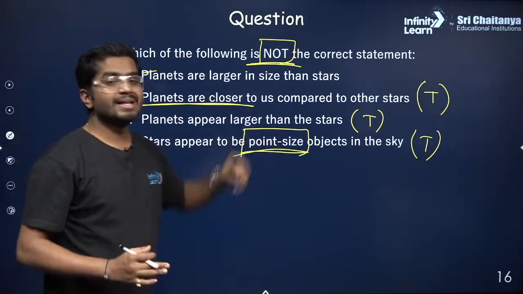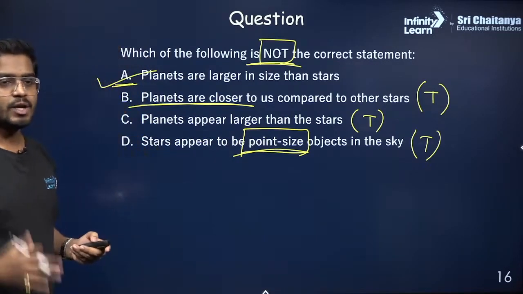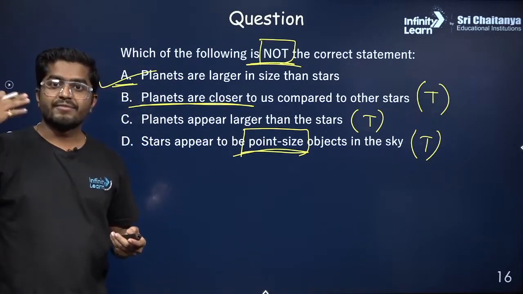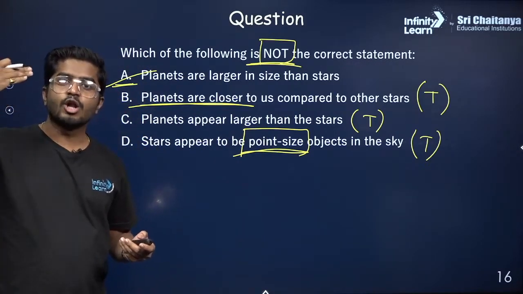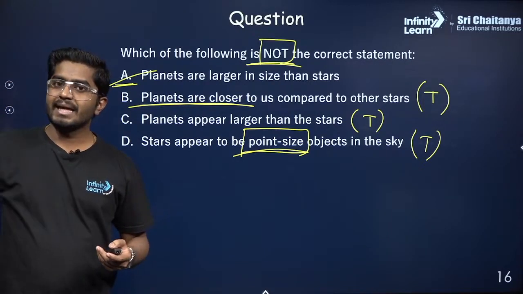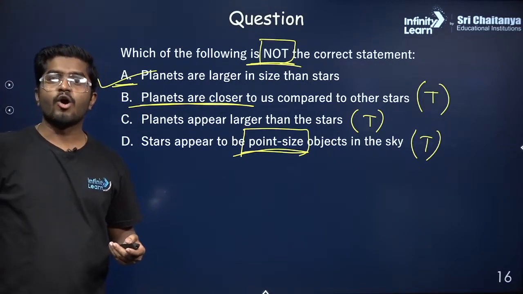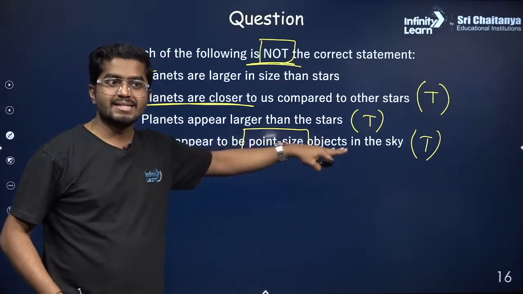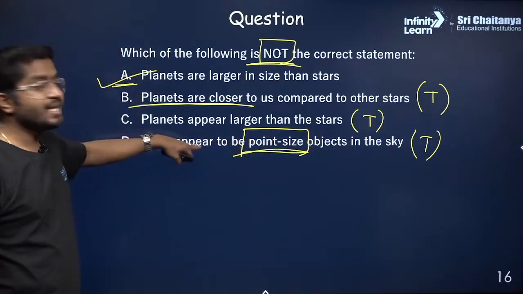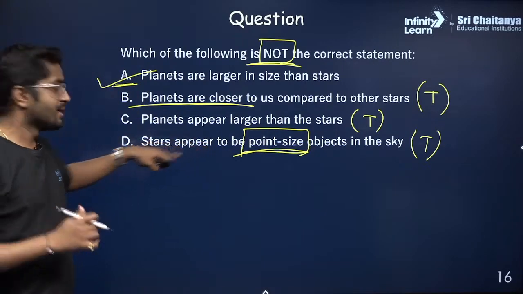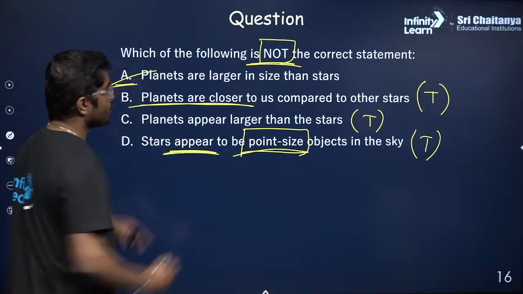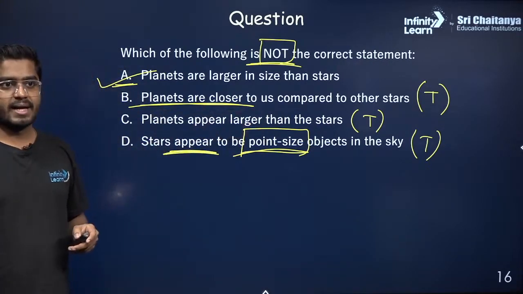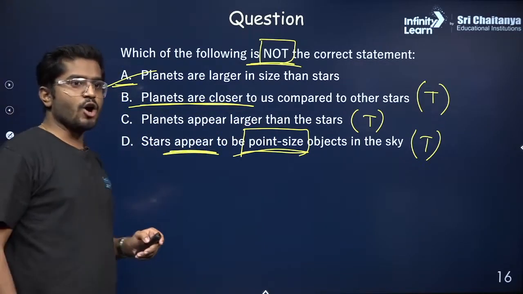So exactly the same thing is happening here. When the light falls onto our eye, the image formed on our retina will be a point size image. So that is the reason the stars, though not exactly point size, appear to be point size objects in the sky. Yes, A is wrong, correct.